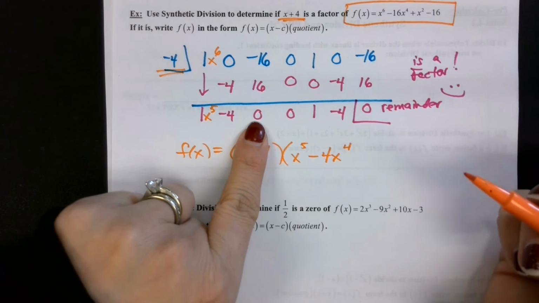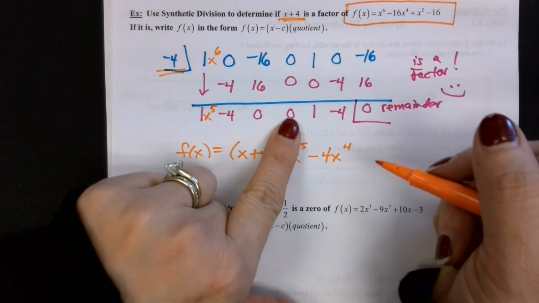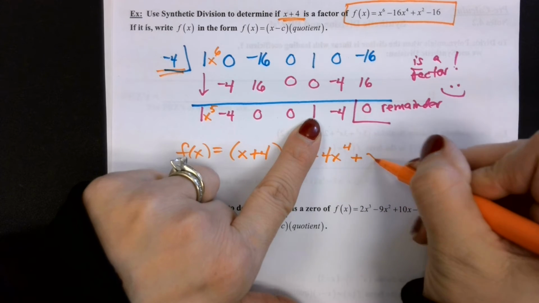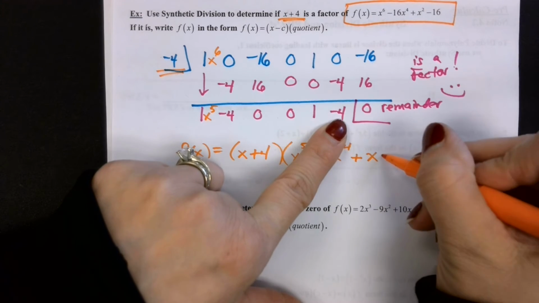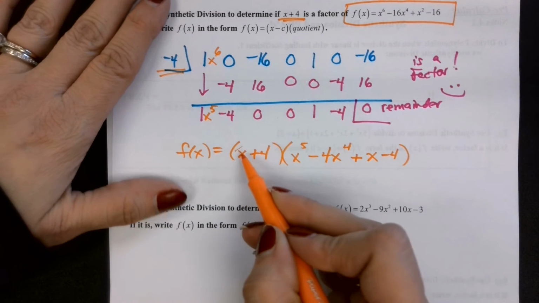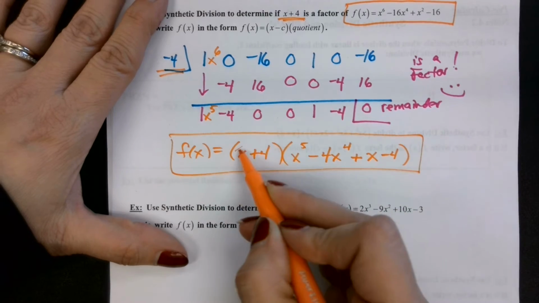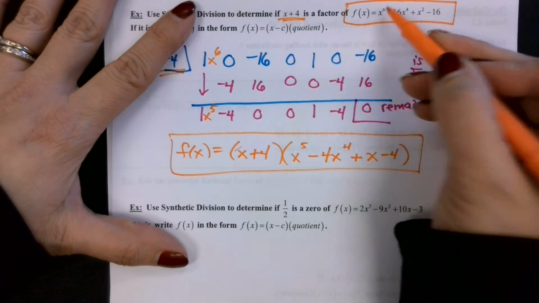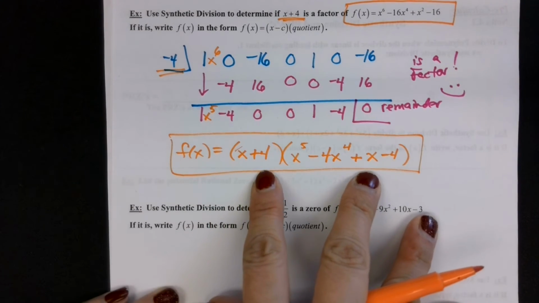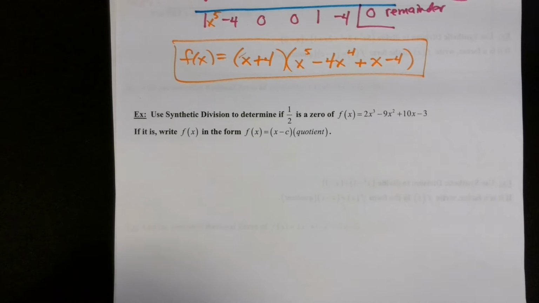There's no x cubes, no power of 2. I'm going to skip to here. This is the power of 1x, the linear term, minus 4. If I were to multiply x times x to the 5th, f of x is still a 6th degree polynomial. He still has 6 x's. He's never going to get smaller. We're just factoring him.